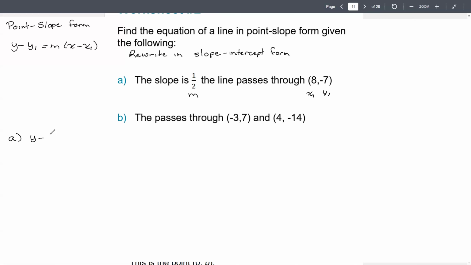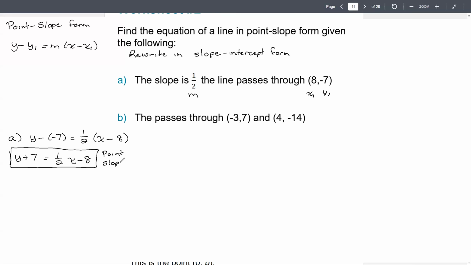So we're going to have y minus -7 is equal to 1/2 x minus 8. So we have y plus 7 equals 1/2 x minus 8. So that fits our first criteria. We got point slope. Now we just need to rewrite it into slope-intercept form.